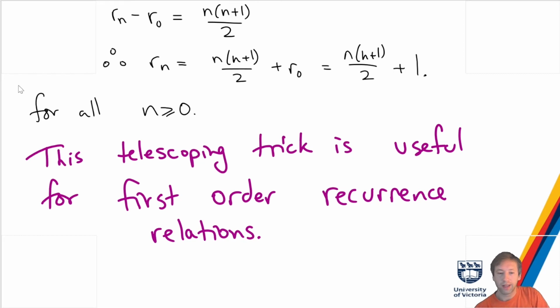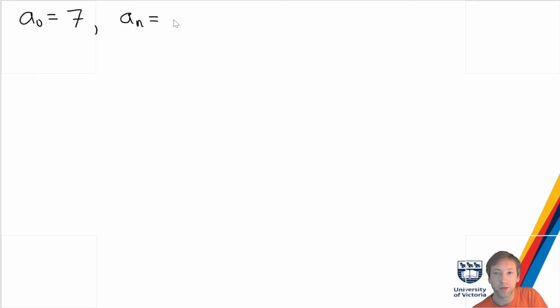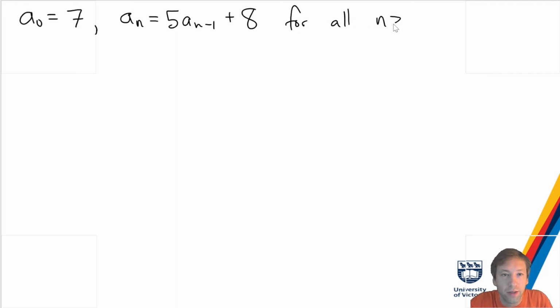Okay, let's look at a slightly more involved example, or just a slightly different flavor. So let's say that A_0 is equal to, I don't know, 7, and that A_n is equal to, I don't know, 5 A_{n-1} plus, I don't know, what's your favorite number? 8, for all n at least 1.